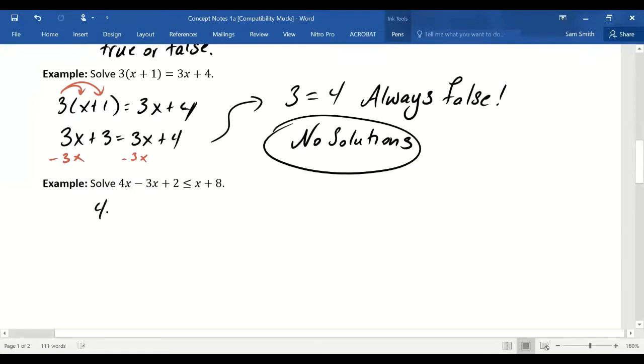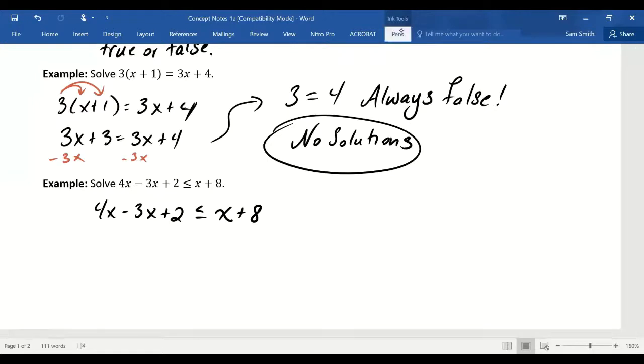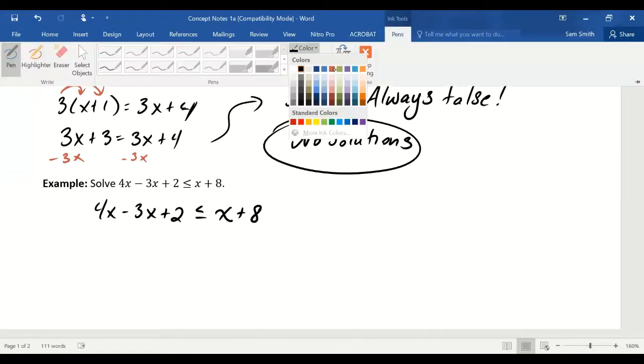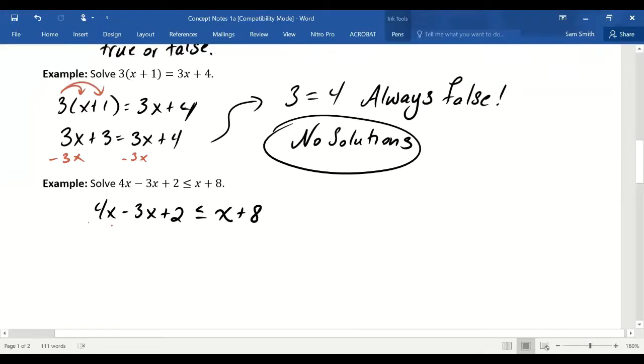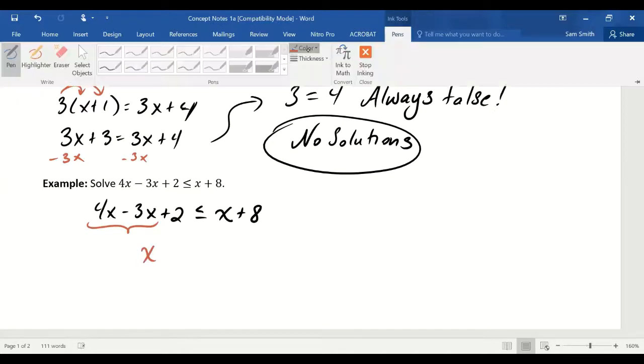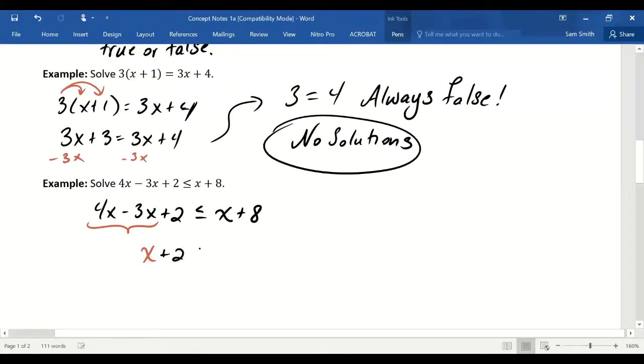4x minus 3x. My goal is to make that less than or equal to x plus 8. Now, questions of this nature typically begin by combining like terms. For example, 4x take away 3 of those x's becomes just a single x on the left-hand side.